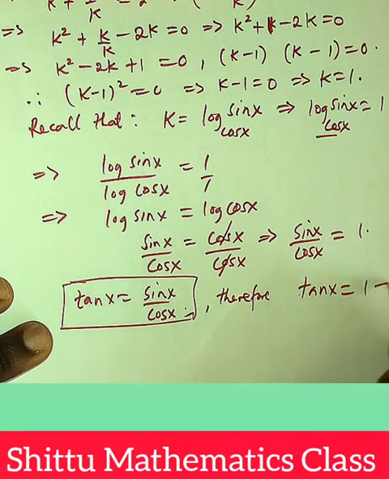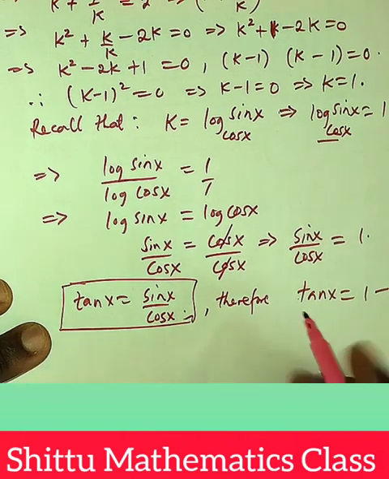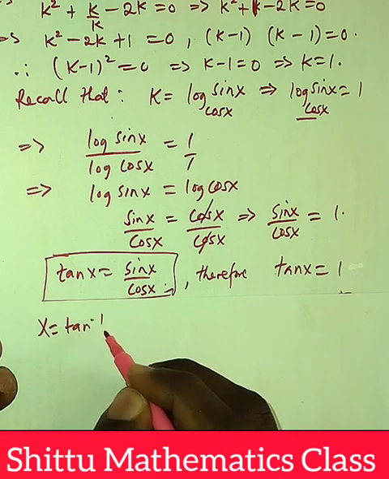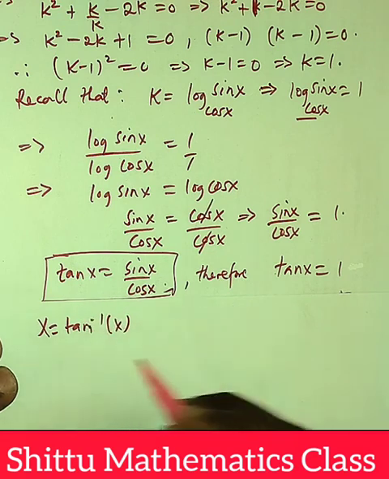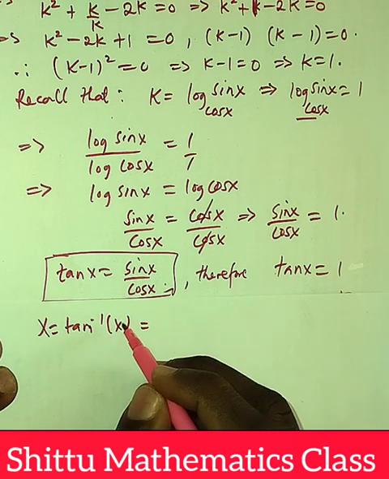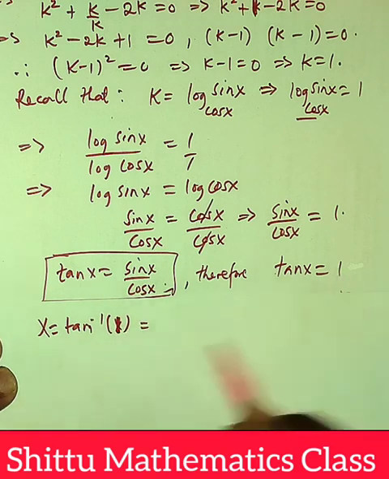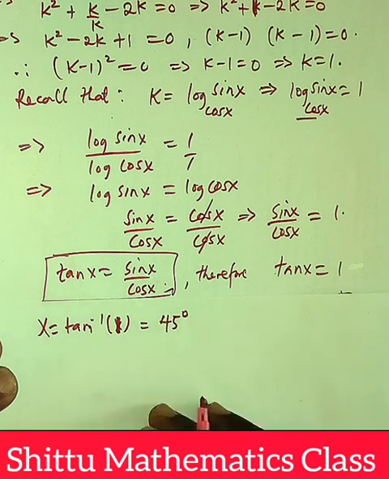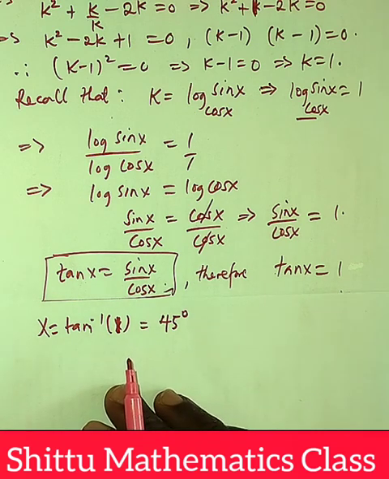Do you understand now? So we try to solve this further. We are going to have x equals tan inverse of 1. And the tan inverse of 1 is going to be 45 degrees. So we have one of the values of x to be 45 degrees.